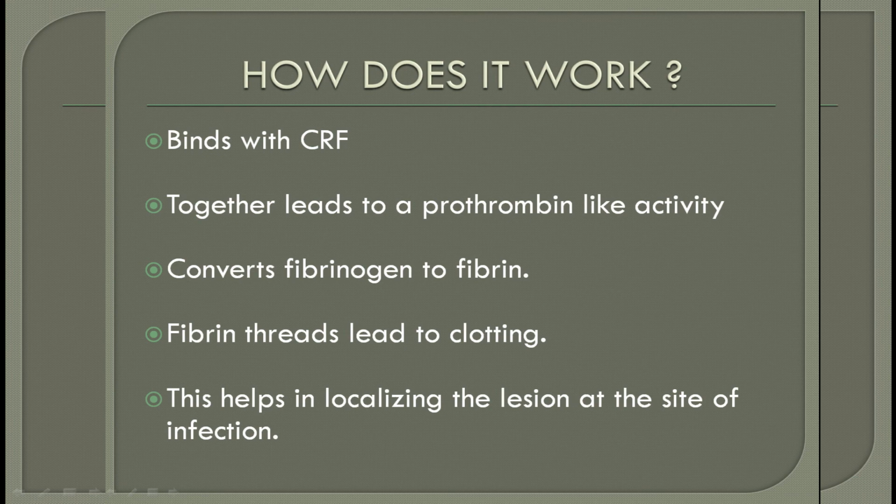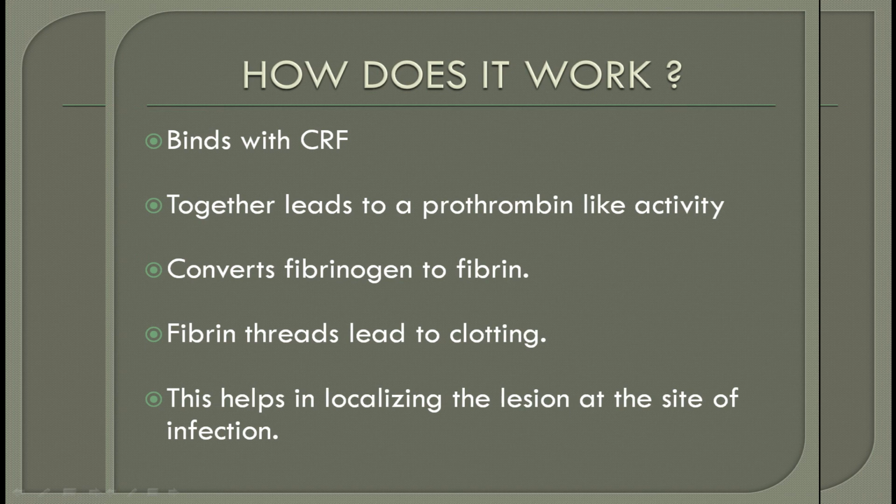Now, from our prior knowledge of physiology, hematology and blood clotting, we know that prothrombin is a very important constituent as far as blood clotting is concerned. So this prothrombin-like activity will enable the coagulase enzyme to convert fibrinogen to fibrin.